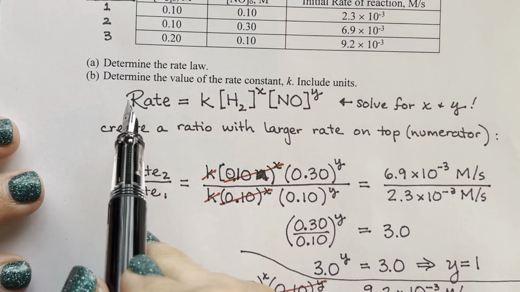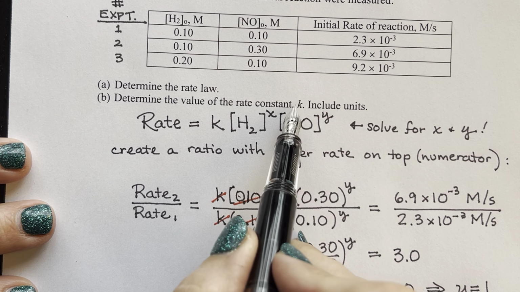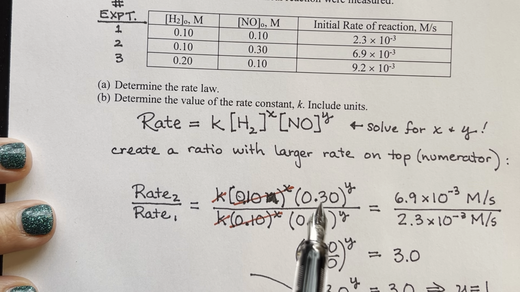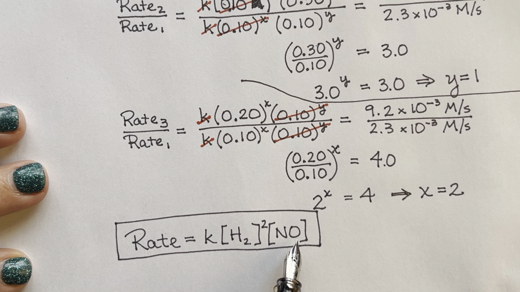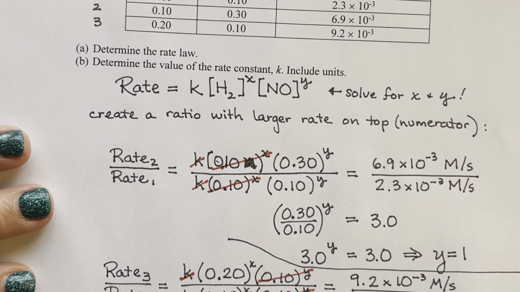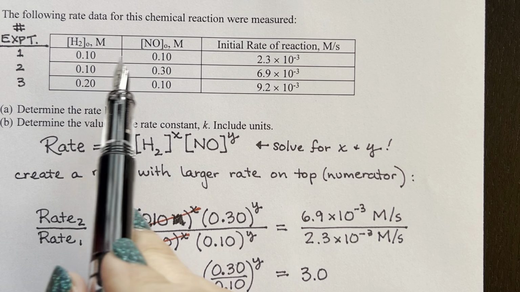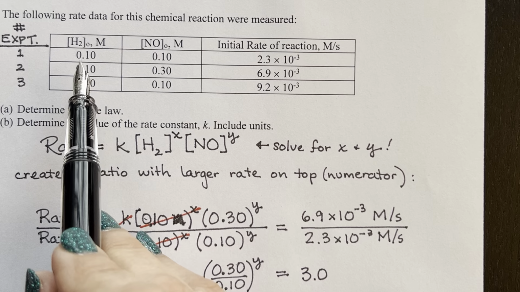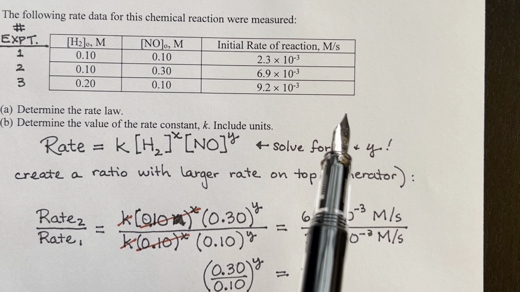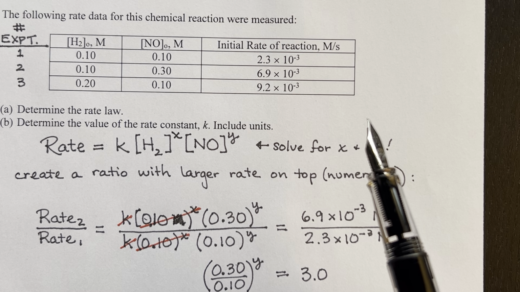But we're not done because let's look at this. It says in this problem, determine the value of the rate constant k. Include the units. Well, we now know the rate law, so we can do this problem. All we need are some experimental data, and we have 3 different experiments. We can choose any one of these experiments, use the values from them, and we can determine what k is.